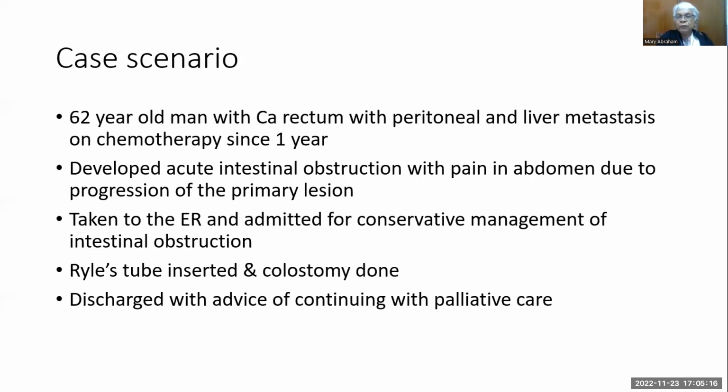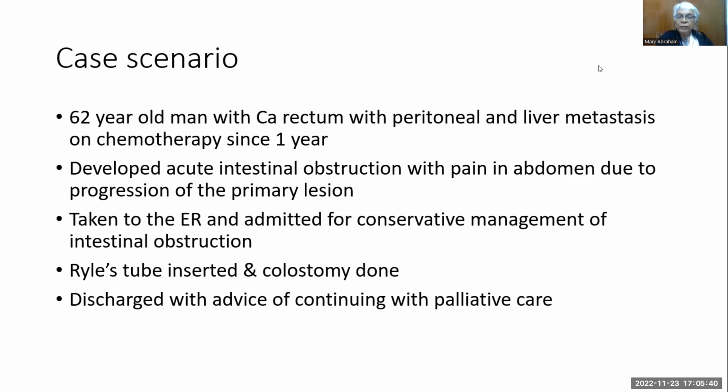So let me start off with a case scenario. This is a 62-year-old man with a CA rectum. He had peritoneal and liver metastasis, and he was on chemotherapy for 1 year. He developed acute intestinal obstruction with pain in the abdomen due to progression of the primary lesion.